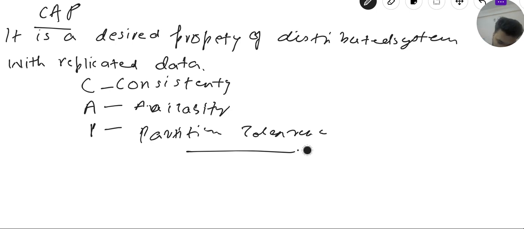Okay. Now let's delve into an example. See what is CAP theorem.